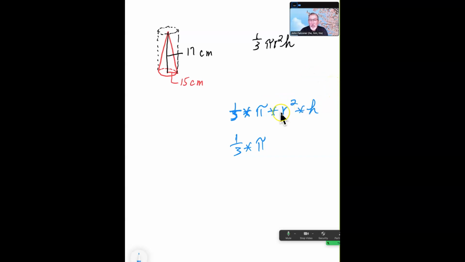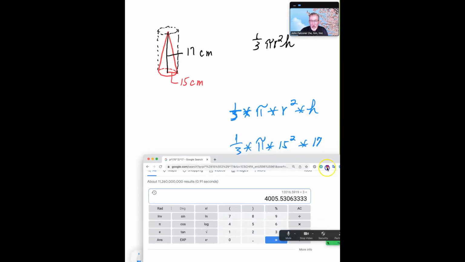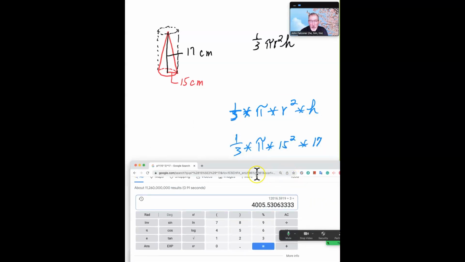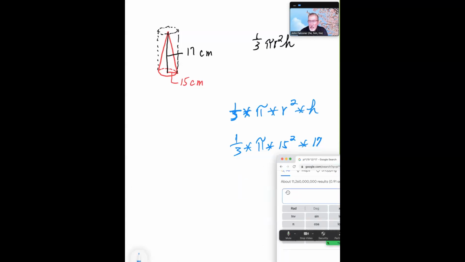And then we're going to square this radius, which is 15, so times 15 squared times the height here, which is 17 centimeters. It's 17 centimeters tall, and so we'll just put 17 there. And my calculator has refused to help me, so we're going to do it this way.